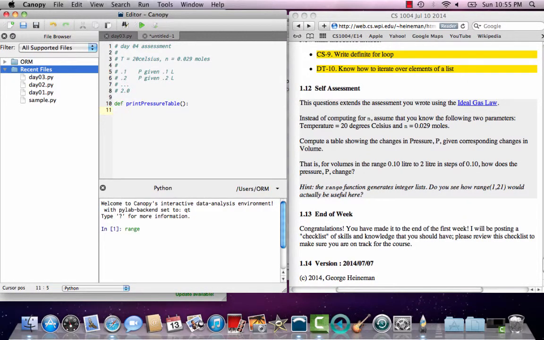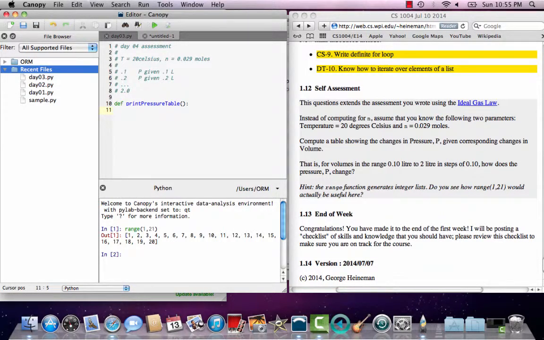As you remember from the lecture, range of 1 to 21 will give you a list of values from 1 to 20. That looks very convenient because I want to do something 20 times, and I want it to be from 0.1 to 2.0. This is very close. It's from 1 to 20, just off by an order of magnitude.